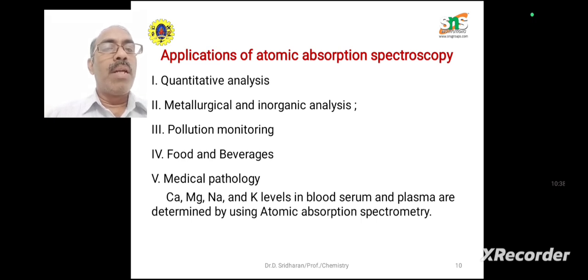And also food and beverages and medical pathology. We can analyze the calcium, magnesium, sodium and potassium levels in blood serum and plasma, which are determined by using atomic absorption spectroscopy.